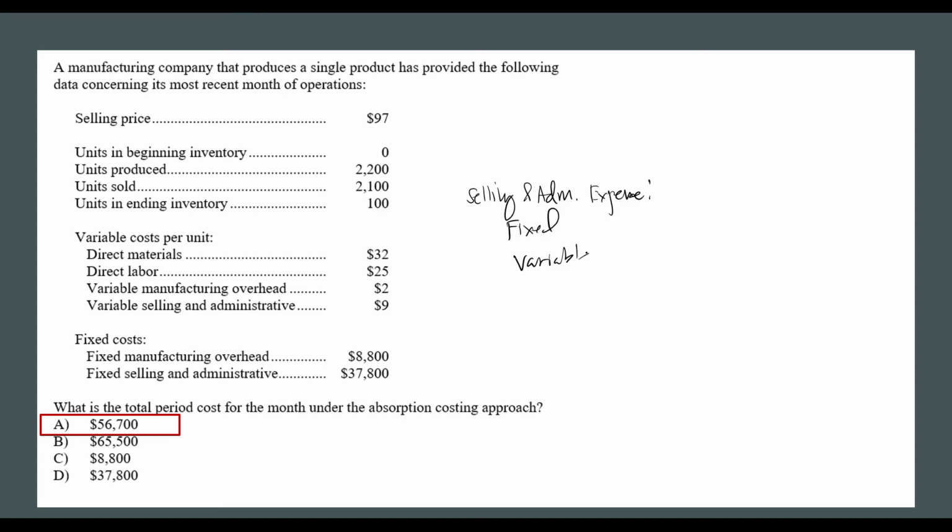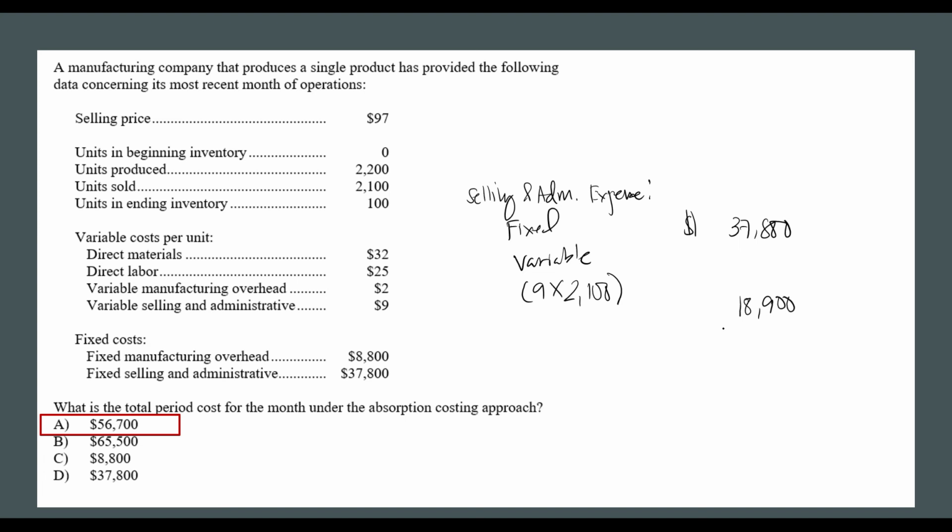Okay, in here we have already your fixed amounting to 37,800, right? How do we get the variable cost? It is your variable cost per unit relating to your variable selling and administrative of $9 multiplied by the units, produced or sold? It is units sold of 2,100, and it should give us a value of 18,900.